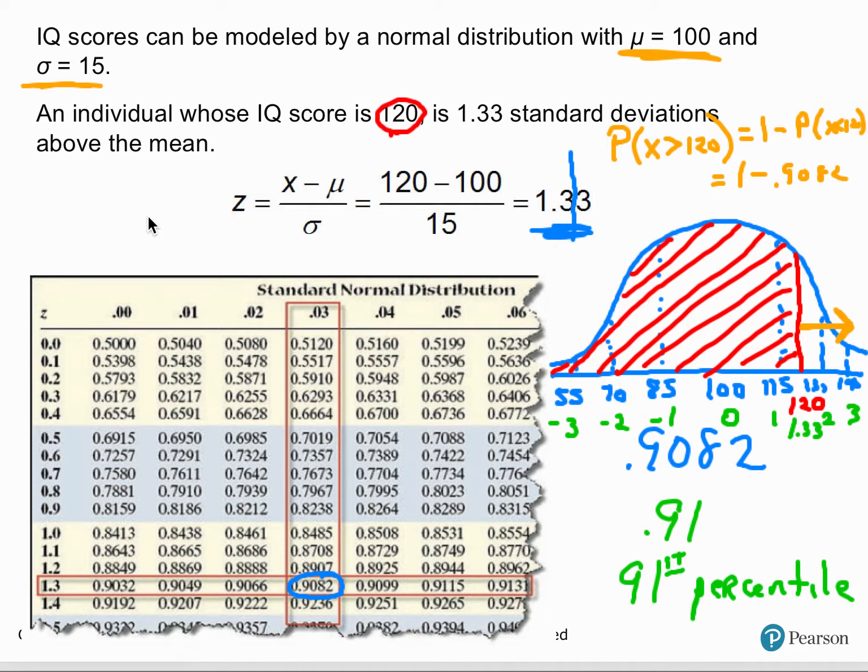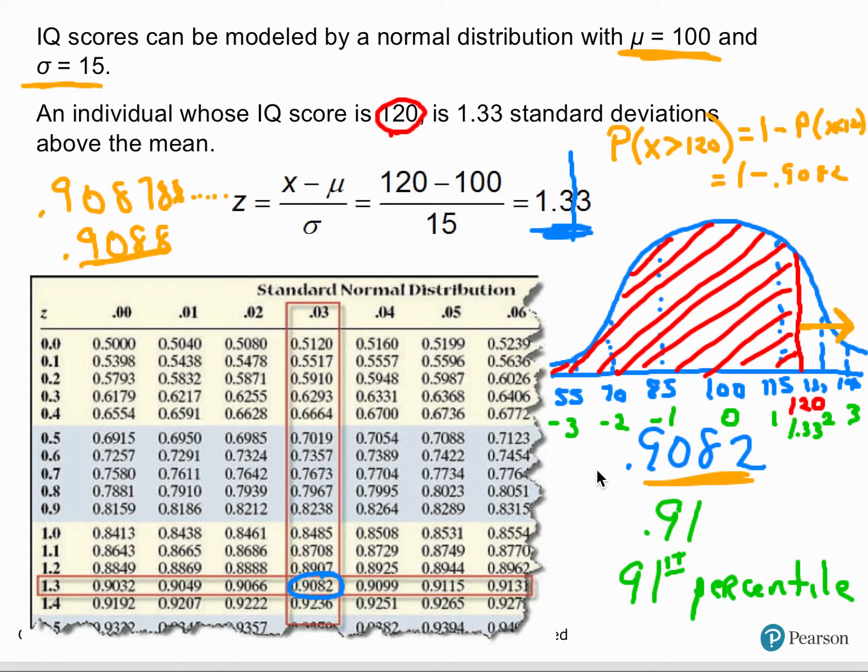And doing it with our calculator, it gives me 0.9087888. Notice if I round this to 4 decimal places like we have from our chart, 0.9088, and our chart gave us 0.9082.